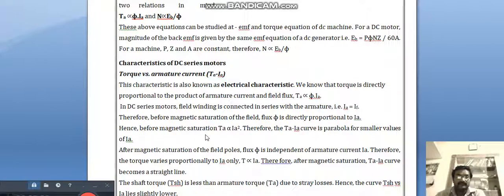Hence, before magnetic saturation, Ta is proportional to Ia squared. Instead of φ, we put Ia, so Ia into Ia gives Ia squared. Ta is directly proportional to Ia squared.